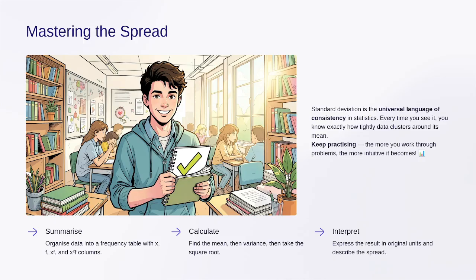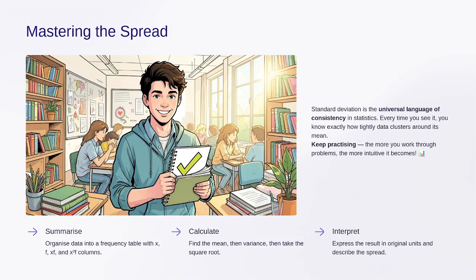Let us quickly revise everything we learned today. Whenever you have a frequency distribution, start by preparing 4 columns: x, f, xf and x square f. Next, find sum of f, sum of xf and sum of x square f. Using these totals, calculate the mean, then calculate the sample variance.